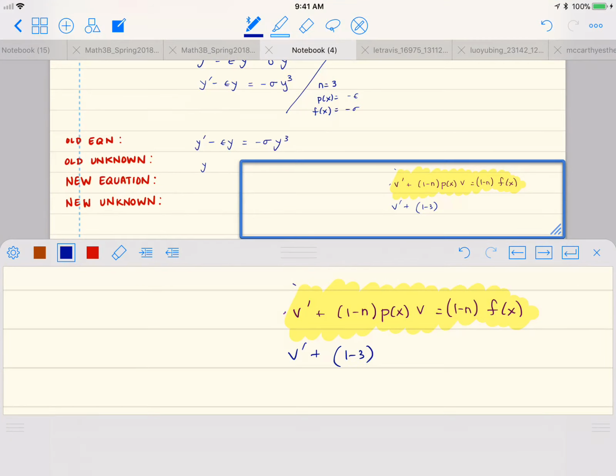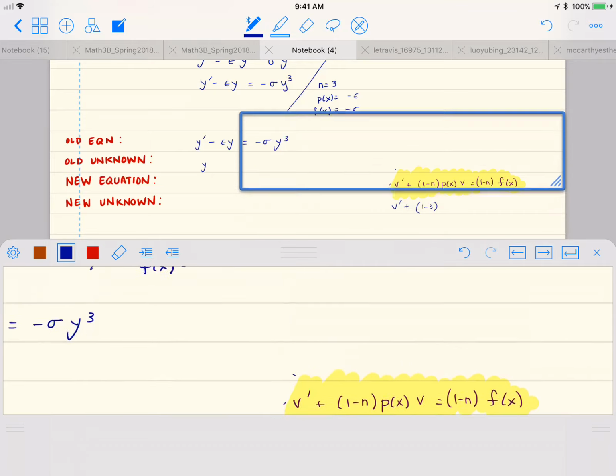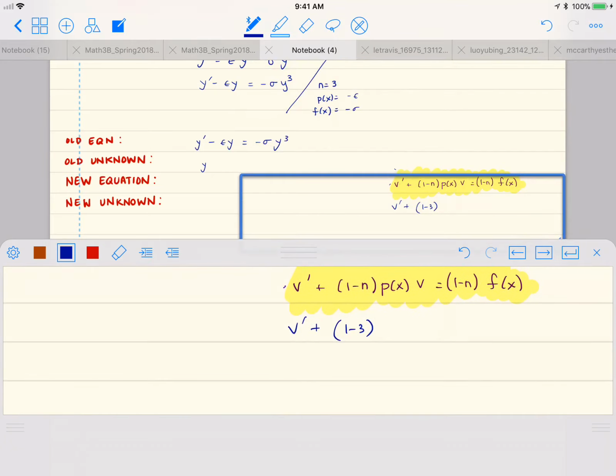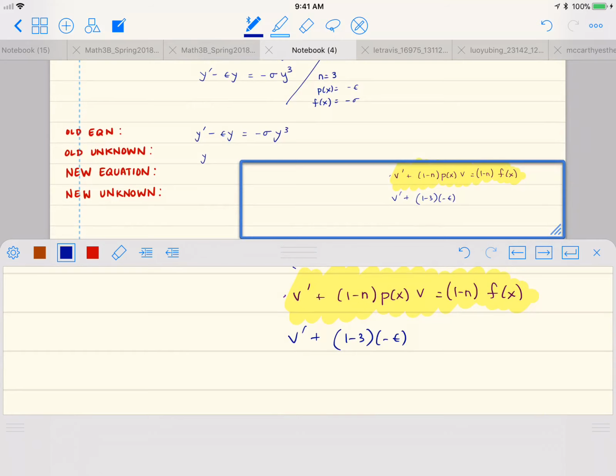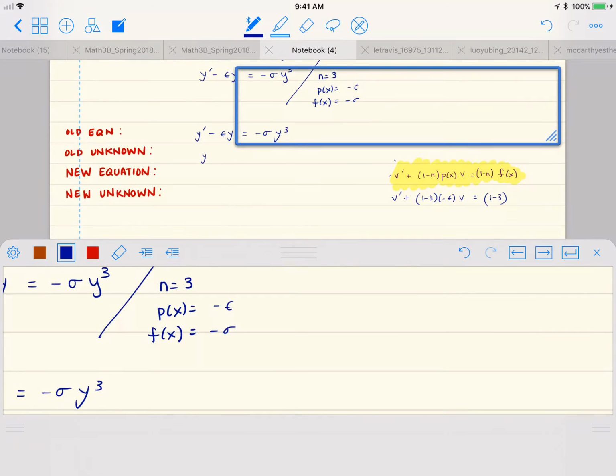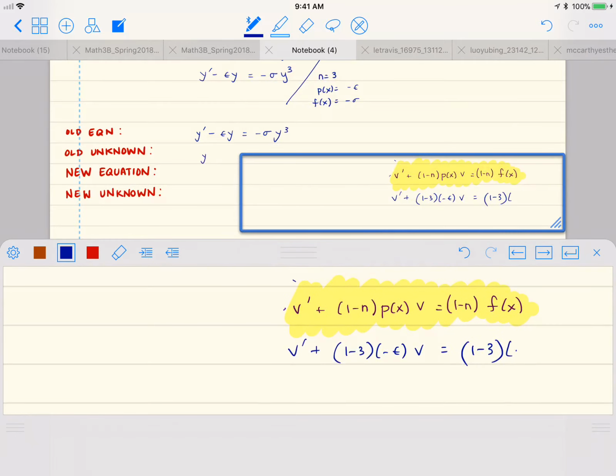So V prime plus 1 minus 3 times P is equal to negative epsilon. So we just get negative epsilon V, 1 minus 3. And F is negative sigma times negative sigma. So I have V prime plus 2 epsilon V equals 2 sigma.